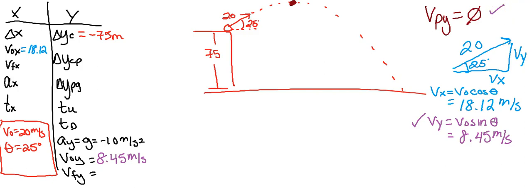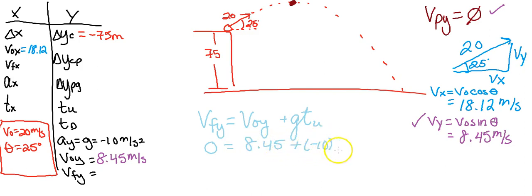So we can use V final y equals V initial y plus gravity times time, and that's going to be time up. So that's going to be 0 is equal to 8.45 plus gravity times time up. So we rearrange so that we can solve. So we end up with a time up of 0.845 seconds. So it's going to take this object 0.845 seconds to reach the top.